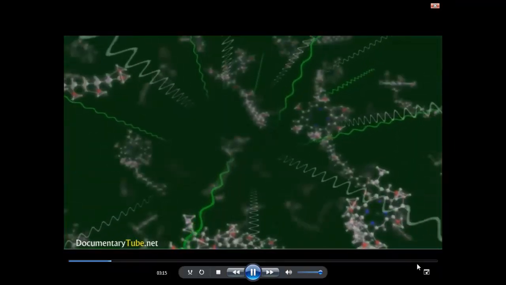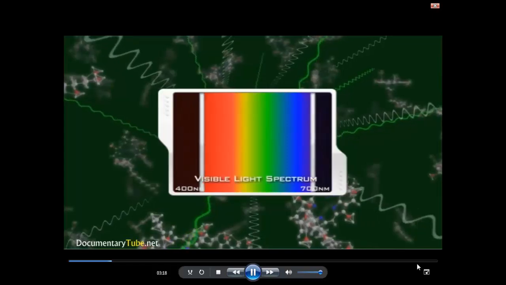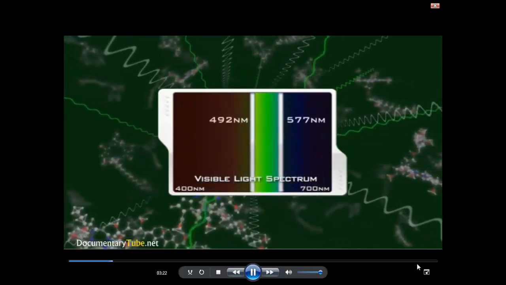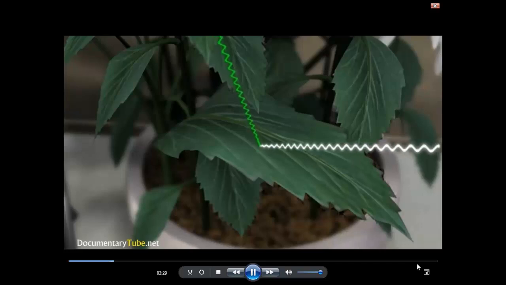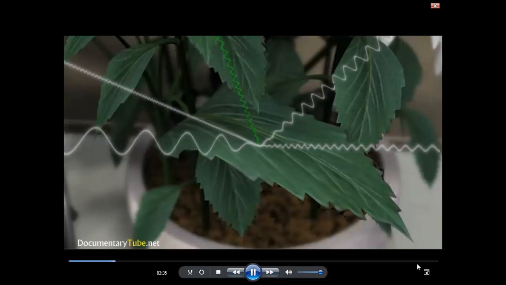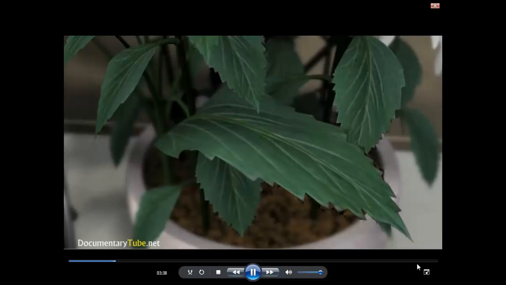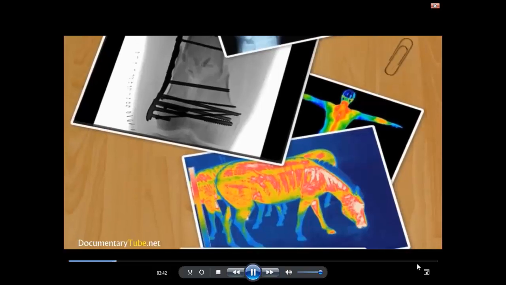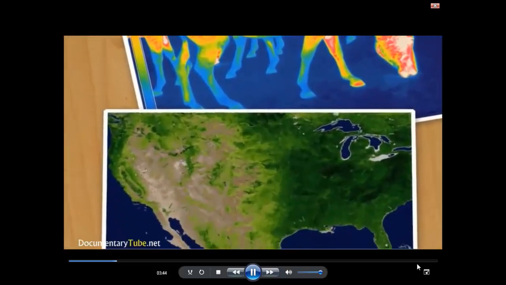This leaf looks green because EM waves interact with the chlorophyll molecules. Waves between 492 and 577 nanometers in length are reflected, and our eye interprets this as the leaf being green. Our eyes see the leaf as green, but cannot tell us anything about how the leaf reflects ultraviolet, microwave, or infrared waves. To learn more about the world around us, scientists and engineers have devised ways to enable us to see beyond that sliver of the EM spectrum called visible light.